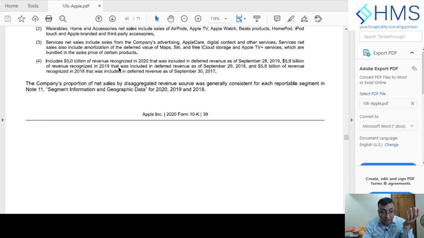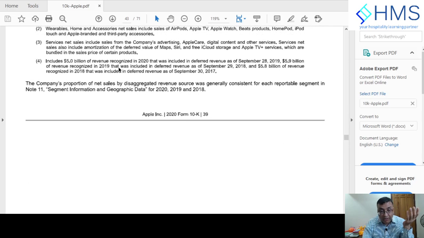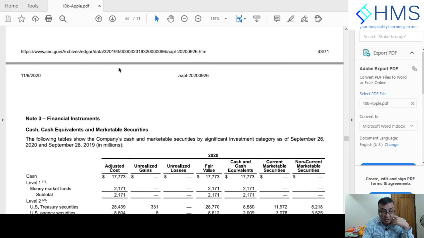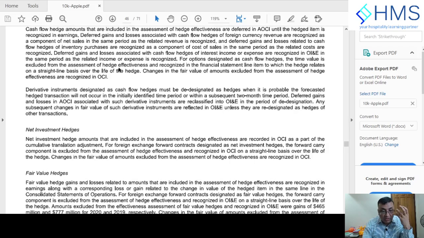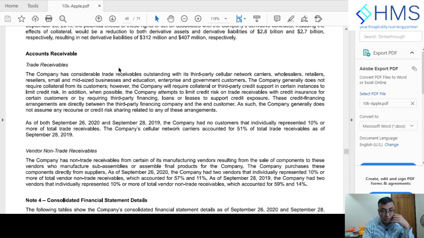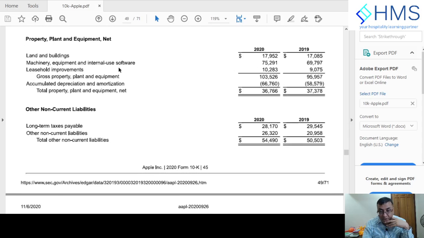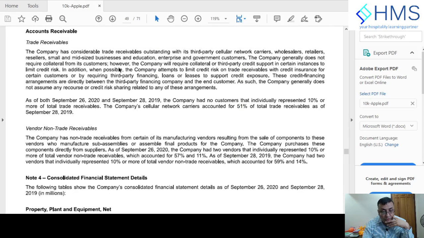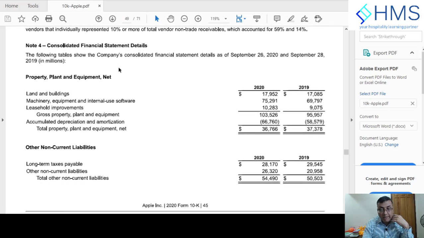Then you will see the disaggregated revenue, which we have already seen. Cash and marketable securities, where the cash is being invested, derivatives. The schedule for the balance sheet should be here. This is trade receivables, other current liabilities. The schedule for notes on the consolidated financial statement details are there.